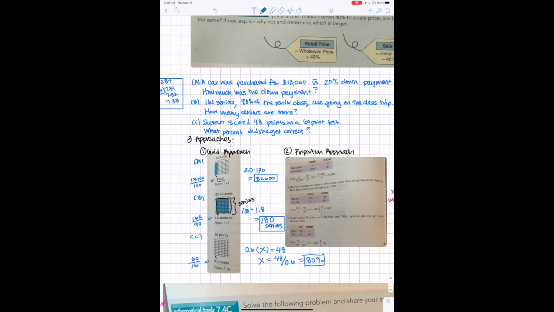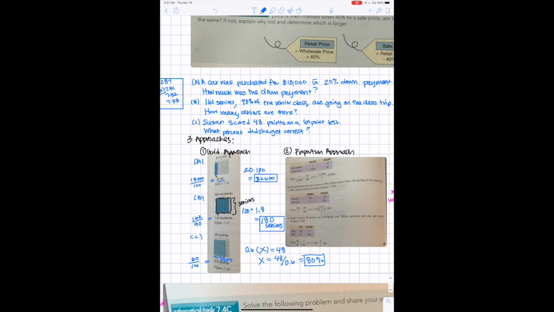Okay, so notice what we're now asking is how much of this grid we should be coloring in to represent that 80%, and we know it's really the first 8 columns that the 48 points represents.